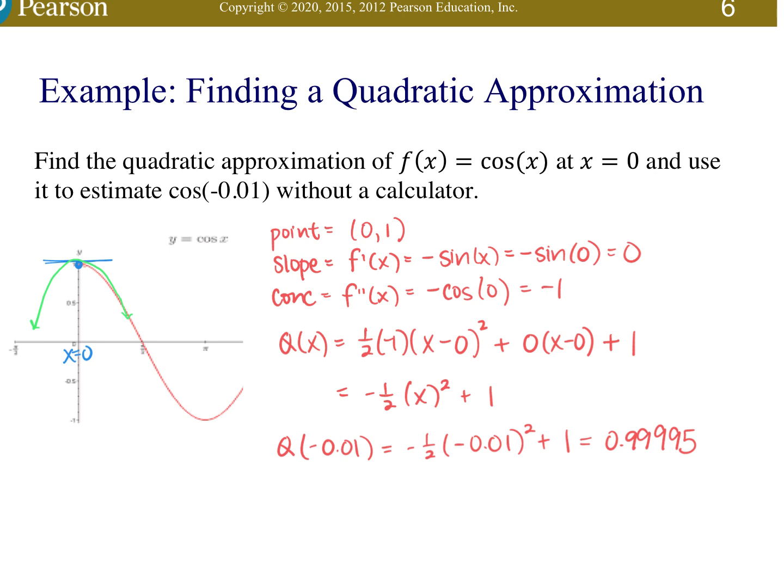If we want to use our calculator to compare and see what the cosine of negative 0.01 would be, we get 0.99995, and then it would take us that many more digits before we actually got something different. So our quadratic approximation is a beautiful model to help us estimate cosine.